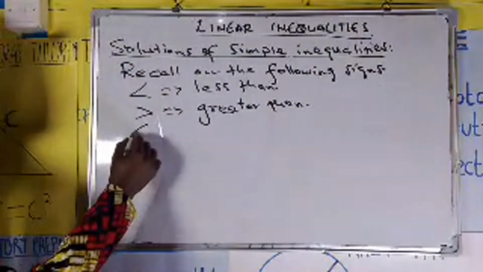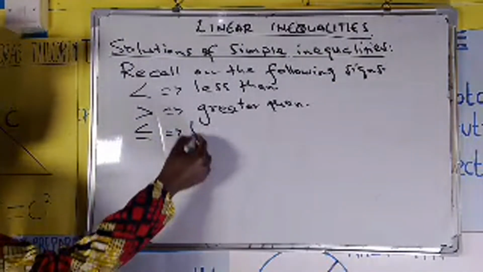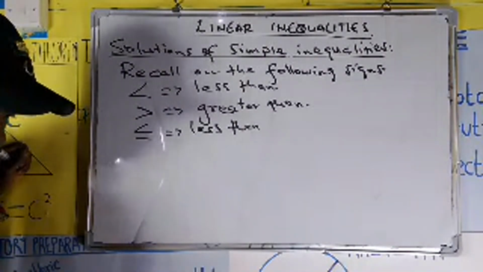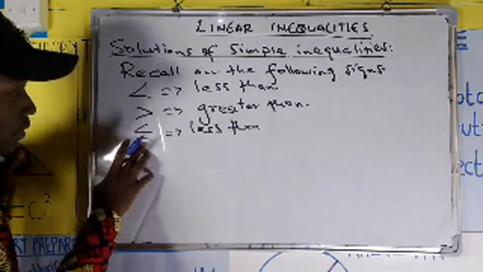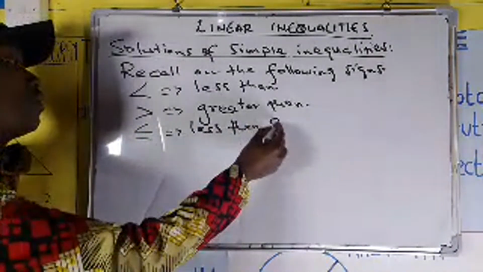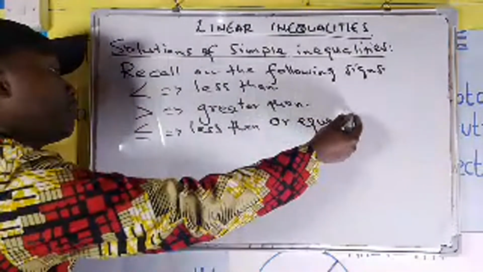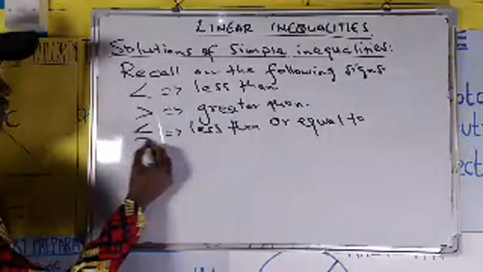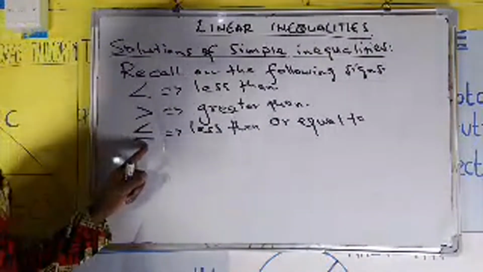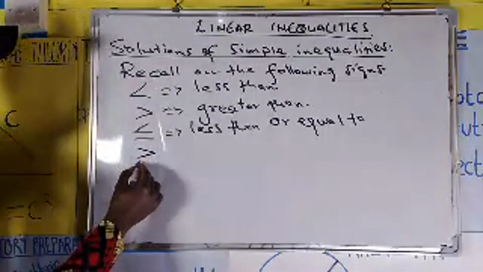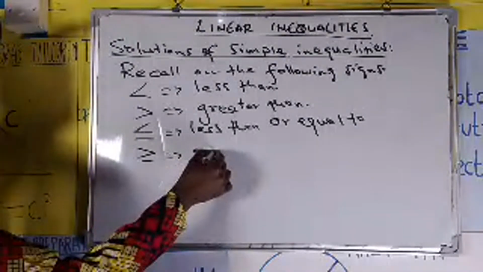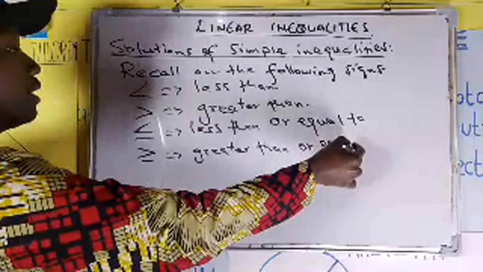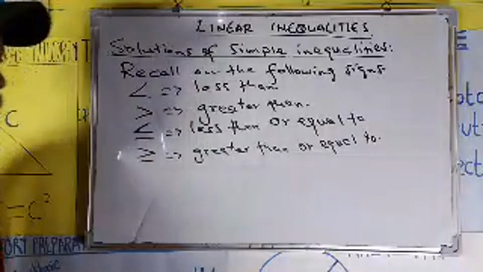A sign like this one means less than or equal to. Why less than or equal to? Because we have less than here and an equal sign there. Then this one will be greater than or equal to.